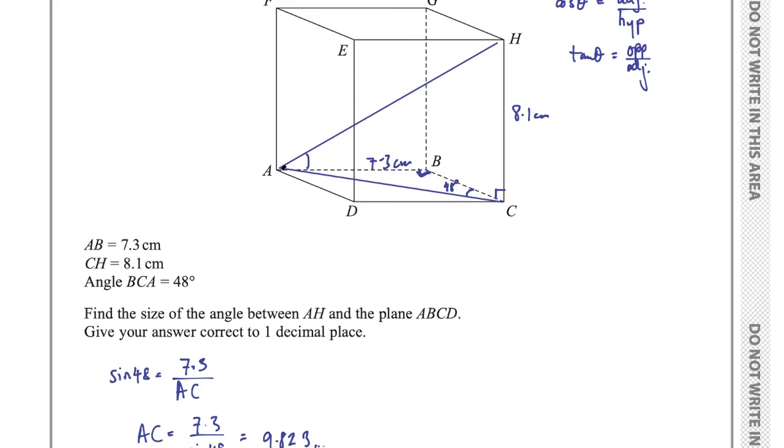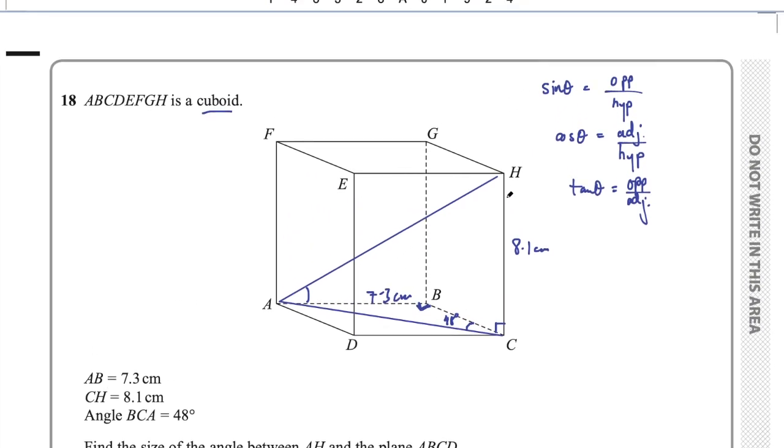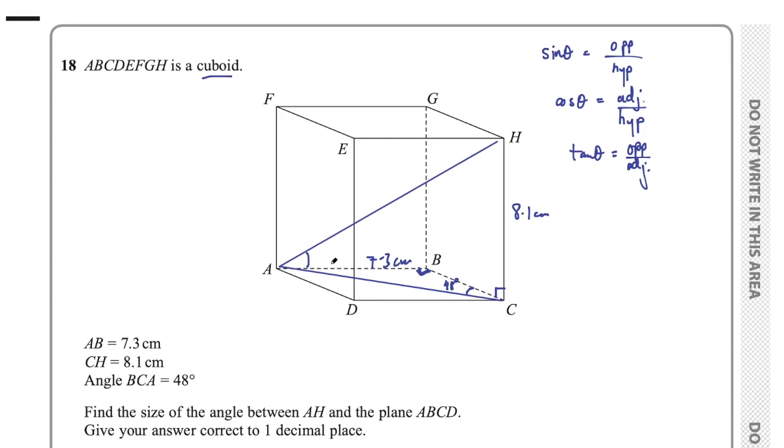If we're looking at this triangle AHC, then we need to use another trigonometric ratio to find the angle between AH and the plane. In other words, the angle HAC. So in this case, I'll have this side and the adjacent side. So opposite and adjacent, which ratio should I use?